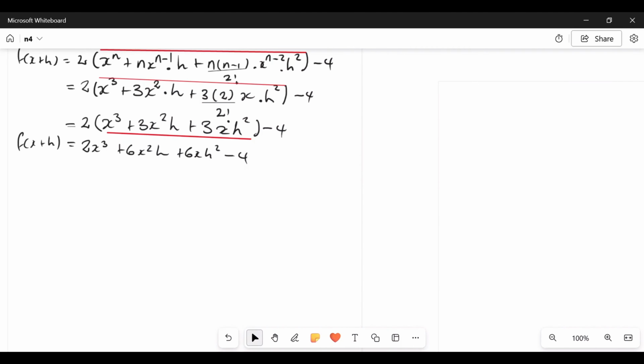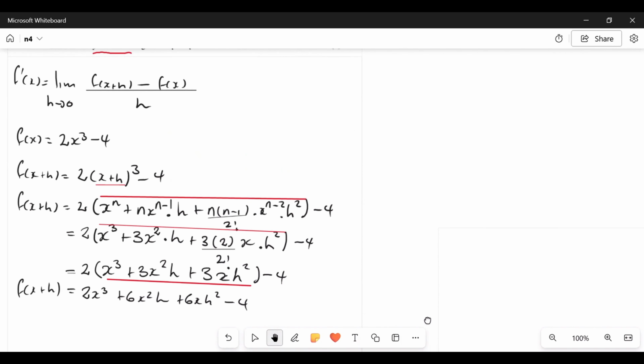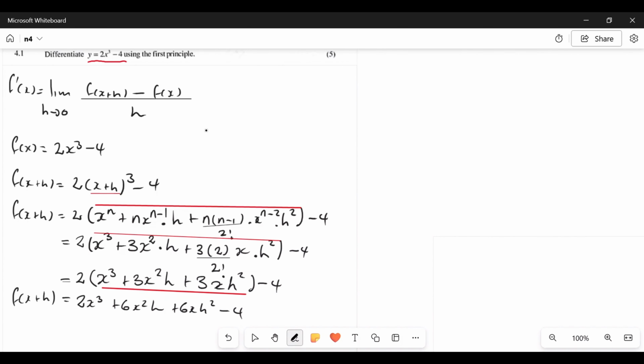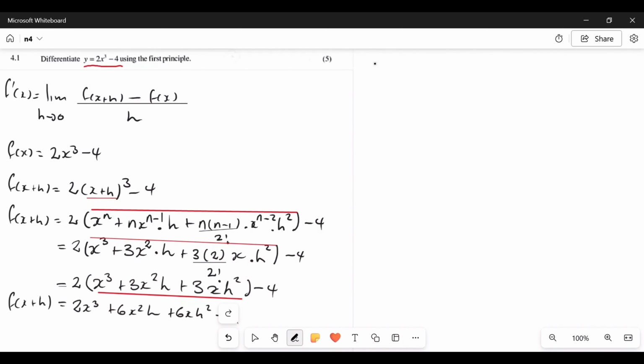There we go. Now that we have found our f of x plus h, we can start substituting our values on our formula. So let's go to the equation. Here's our equation. We're going to substitute our f of x plus h there and f of x there. So where are they? This is our f of x, and this here is our f of x plus h. So let's start substituting. We're going to continue here on the right. So we have f prime of x equals the limit as h approaches 0.